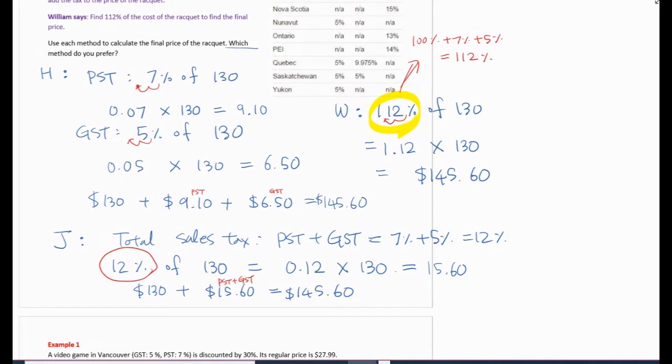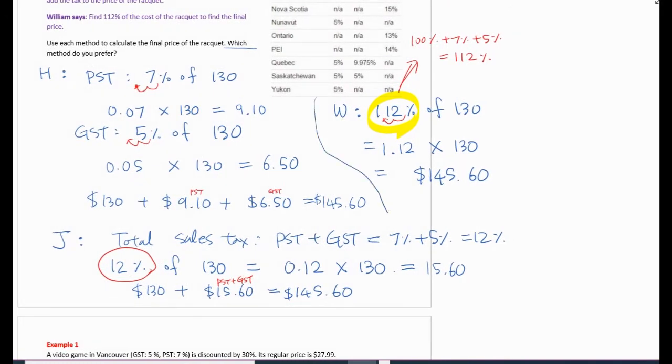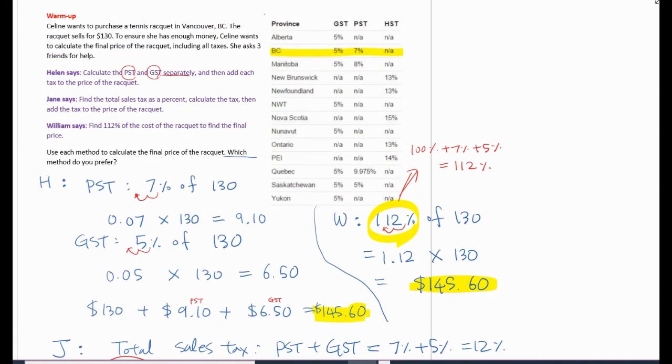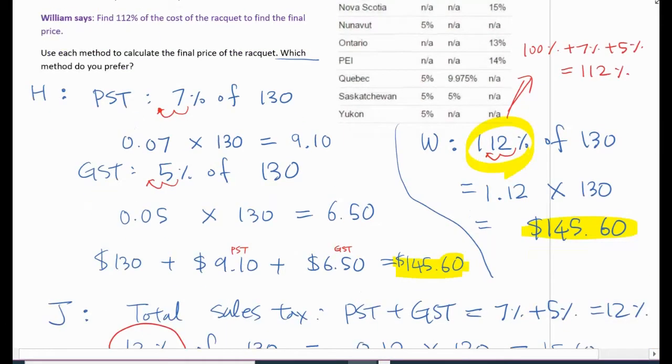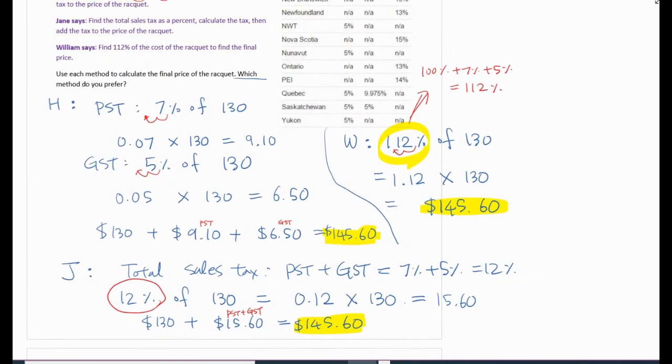So you use 3 different methods to find the answer. But the outcome, the result, is the same. Okay, you can use any of those 3 methods to find the answer. Do you understand those 3 methods? Which method do you prefer? You can choose any method to find the answer.